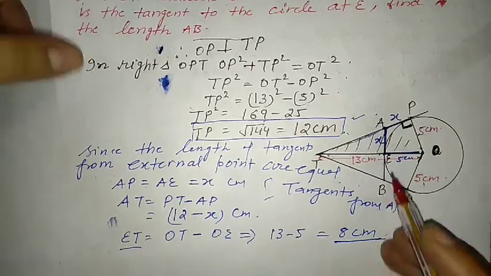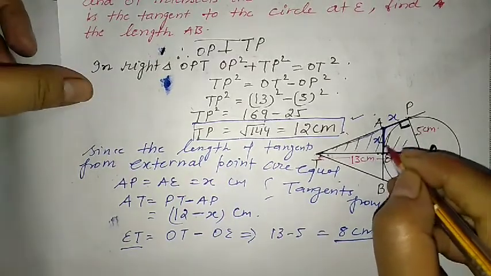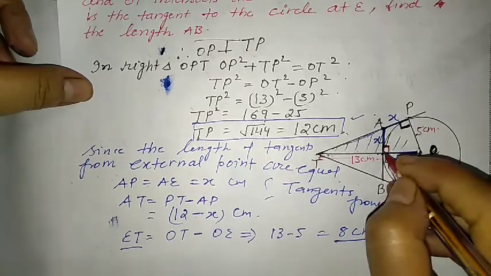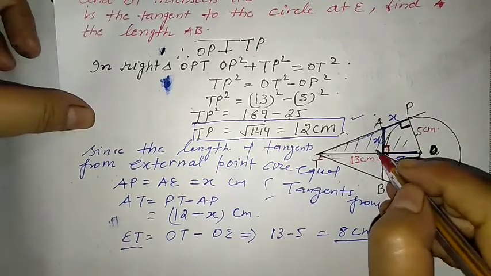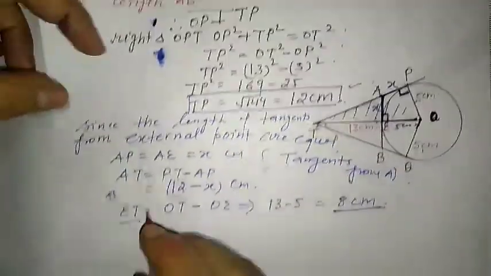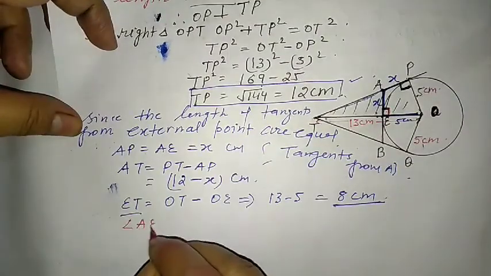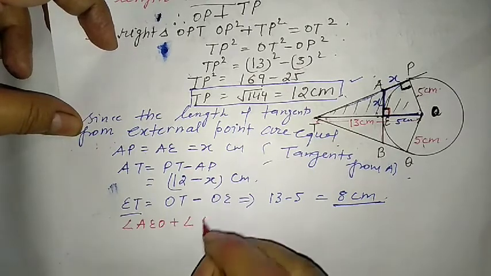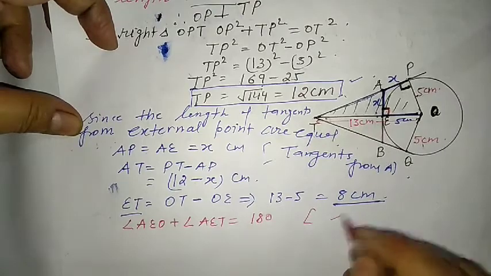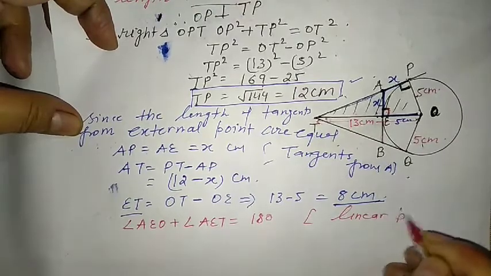Okay, so this angle will also be 90, because this is the radius and this is the tangent. This is 90. So if this is 90, this one will also be 90. So we can write angle AEO plus angle AET is equal to 180, that is the linear pair.